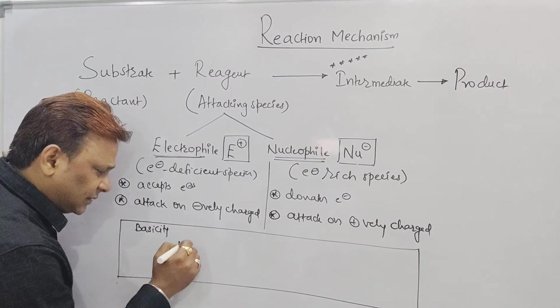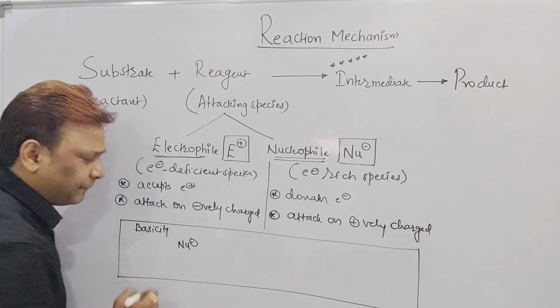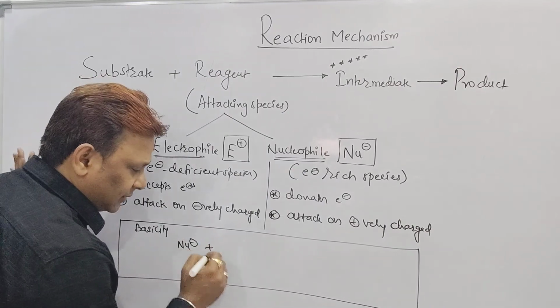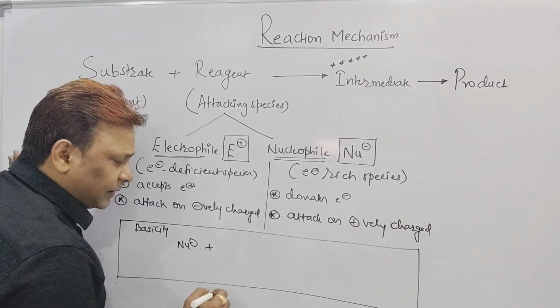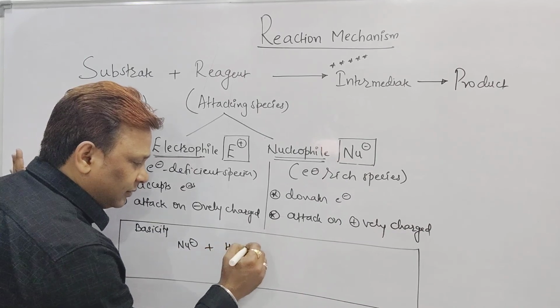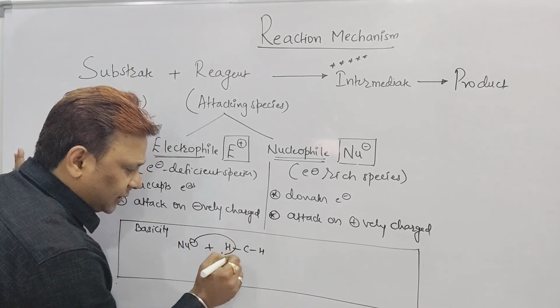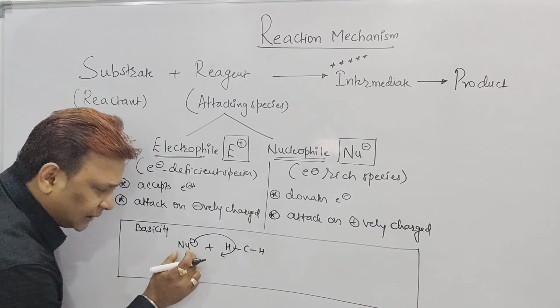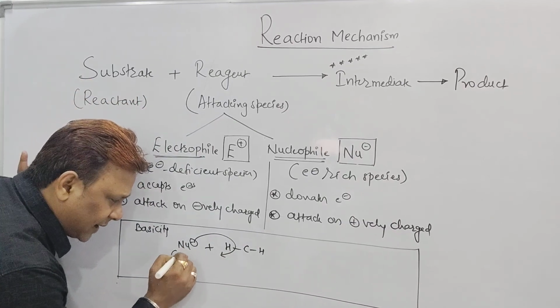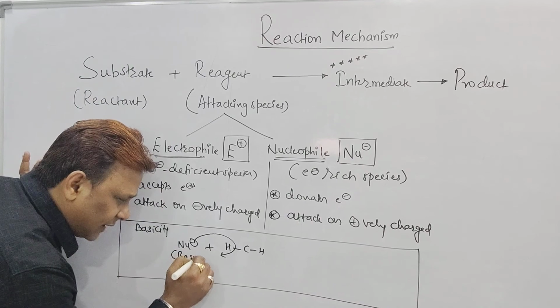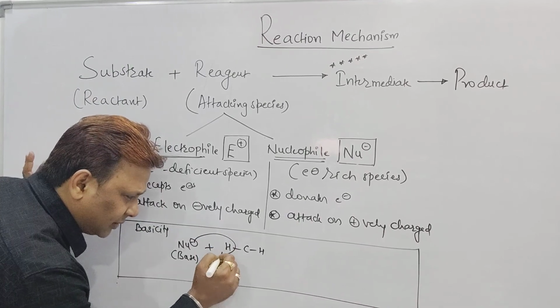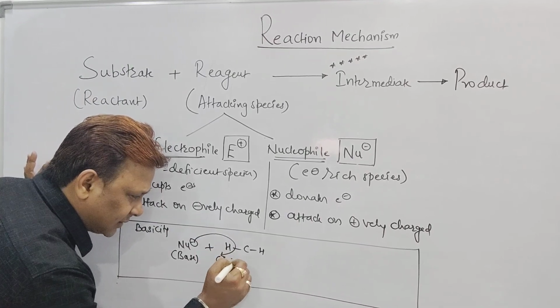Beta, in the first part I want to discuss what is meant by basicity. Basicity means, listen here, if this nucleophilic part will attack on the hydrogen atom, then this negatively charged species will act as a base, and when it attacks the hydrogen, hydrogen will act as an acid.